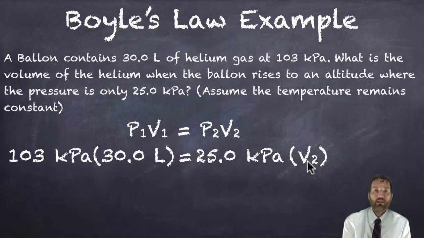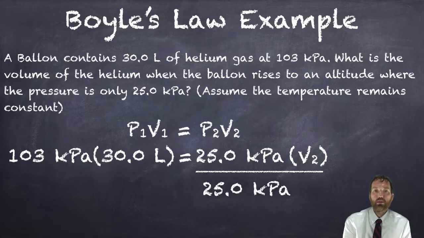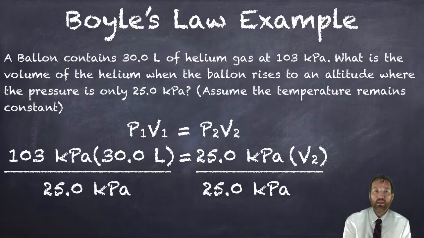Once you plug all this in, this should be rather simple. The math for this chapter is very simple, but you need to be able to cross multiply and isolate variables correctly. I want to get V2 by itself, so I'm going to divide both sides by 25.0 kilopascals. The 25 and the 25 cancel on the right and leave me with V2.